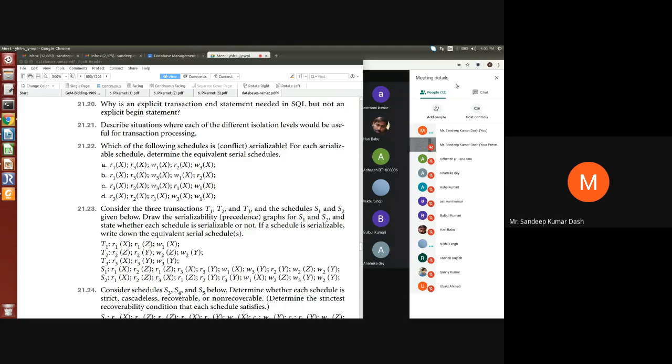Okay. So I got B and C serializable and A and D non-serializable.